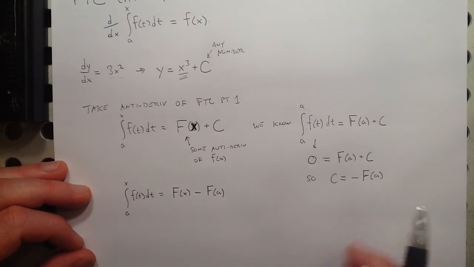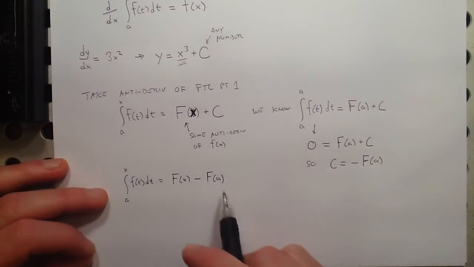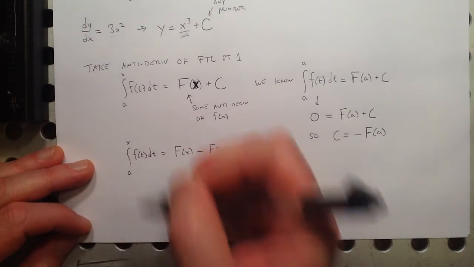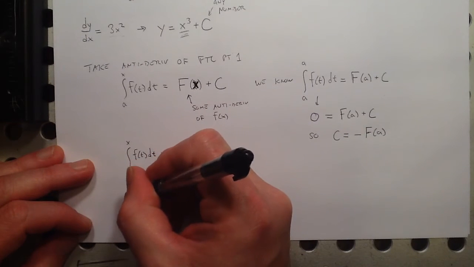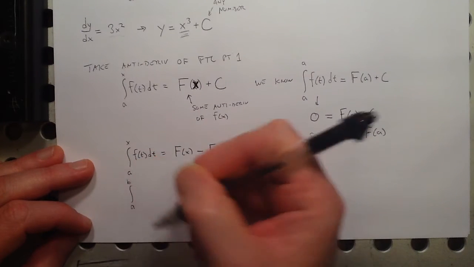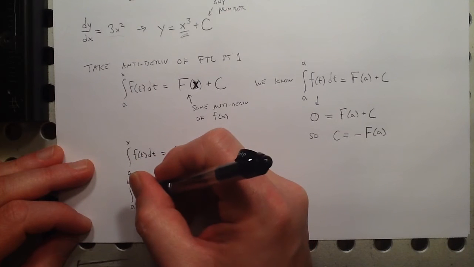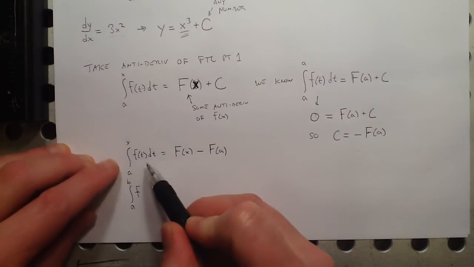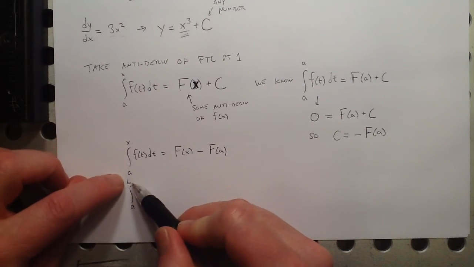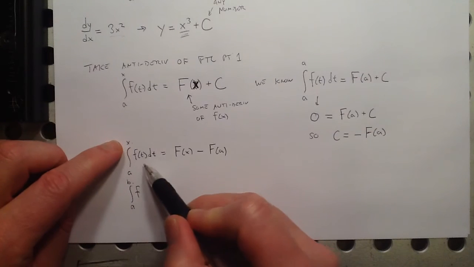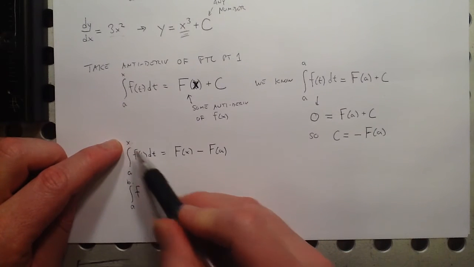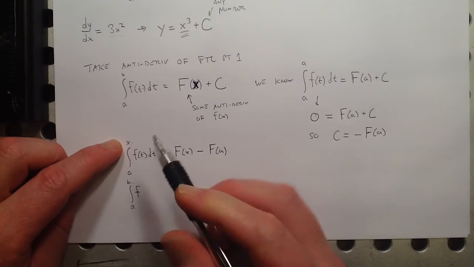And then, well, this is true, but I could plug in another number, like let's say I want to know what the area is from A to B. So the area from A to B of f, and notice now that I'm not using an x, now that I've committed to an actual number there, that means I don't need to use the dummy variable anymore.